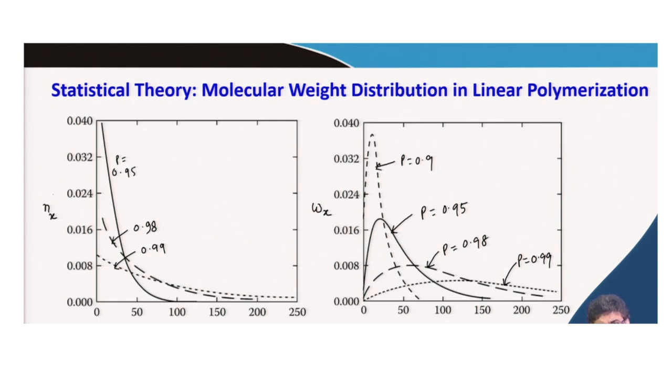You can also read these two graphs to understand better. It is Nx. What is Nx? The fraction of x-mer. You can see here that when conversion is very high, the lower molecular weight fraction is very low.